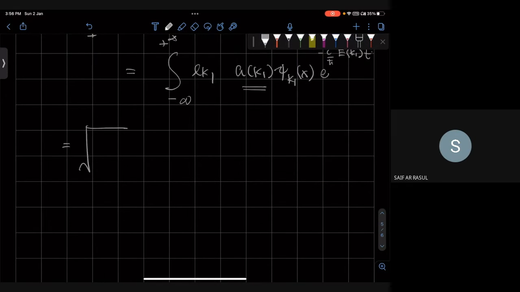So we get square root of delta by square root of pi.